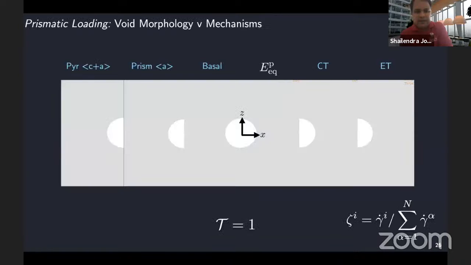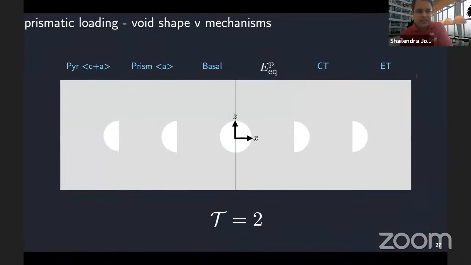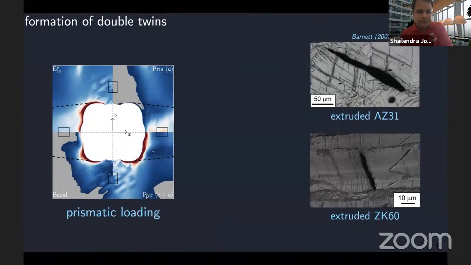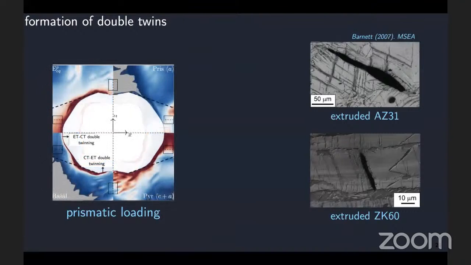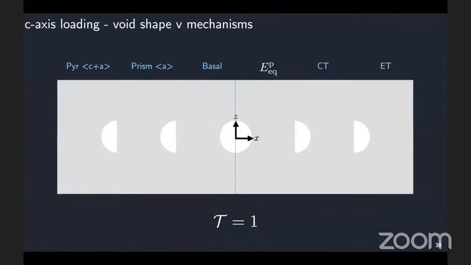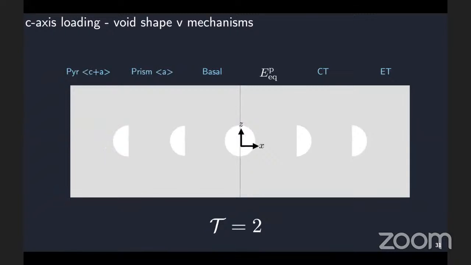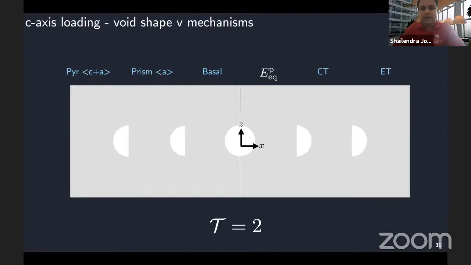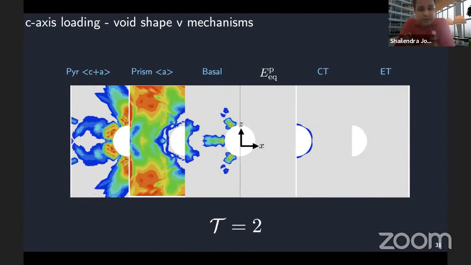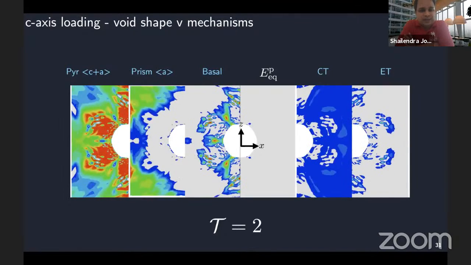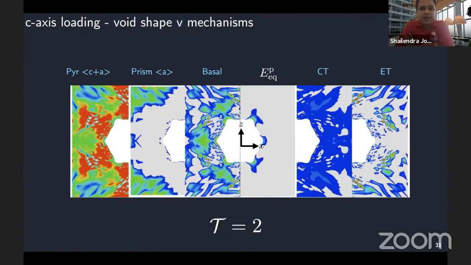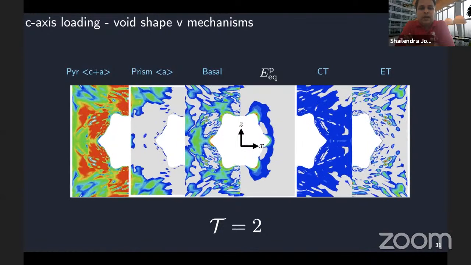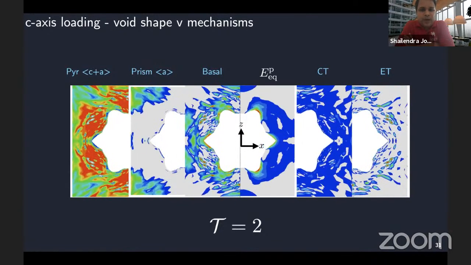So you're talking about the C-axis, right? From this mechanism plot, let's look at a particular level of triaxiality. Right now, and this is a bit speculative in nature, what I think is going to happen beyond this.